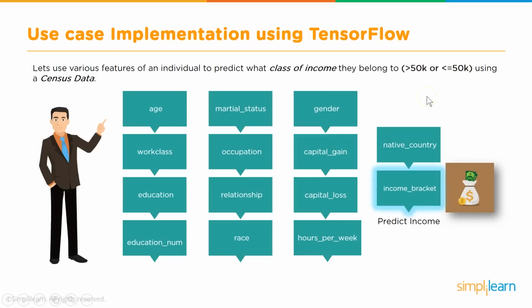There is actually labeled data available. We will then try to build a model and see what the accuracy is. This is a typical machine learning problem, but as I said, TensorFlow can be used for machine learning as well, so as a simple example, we will take machine learning.